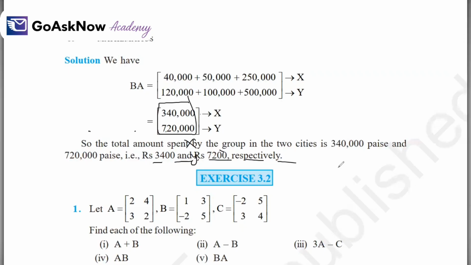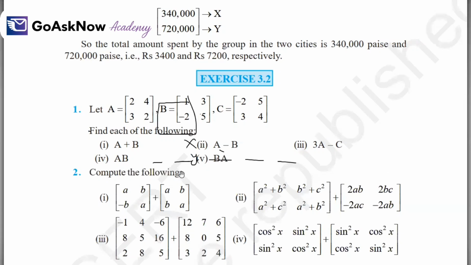Okay. So we will move forward to the next exercise and see what are the questions in this exercise also. We will take only the good questions or the questions which need to be solved. Okay. So the first question is, let A be equal to 2432, B is equal to 13 minus 25, and C is equal to minus 65, 34.